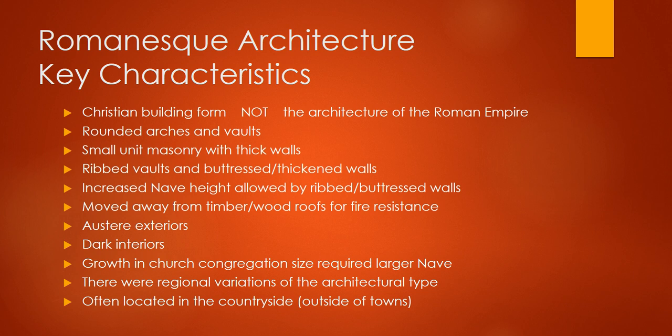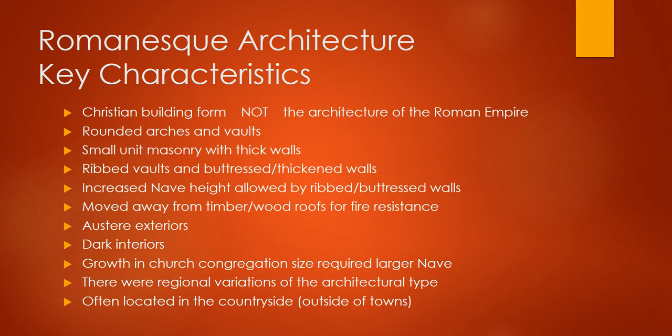There is, in most cases, an austerity, a simplicity or plainness, a lack of ornamentation of most of the exterior. Now that's not always the case, but when you compare it to later movements or earlier movements, either the earlier Roman movements or the later Gothic movement, you're going to see that the exteriors don't have anywhere near the level of ornamentation.